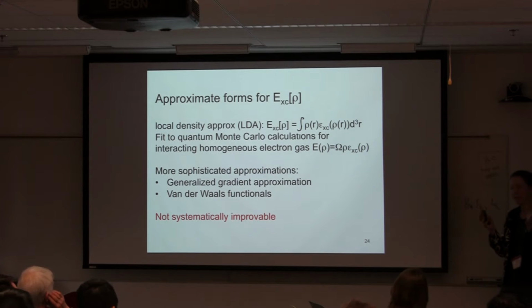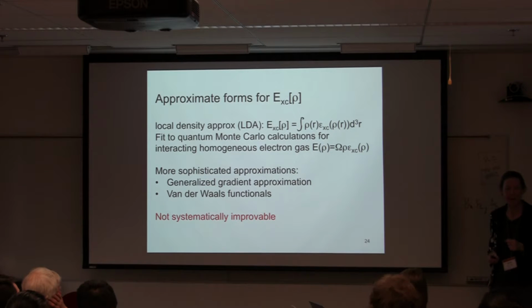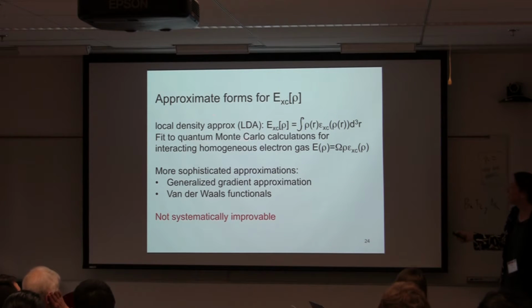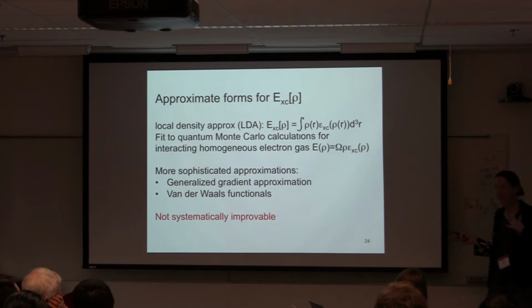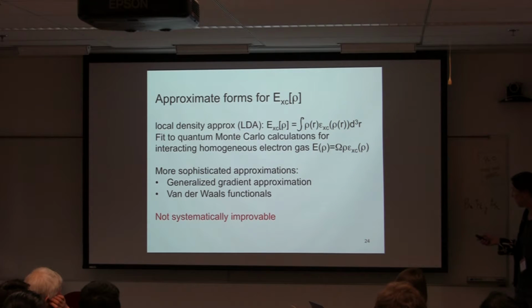There isn't some expansion where, as you go term by term, it gets more and more accurate. I'm sorry to say. But actually, the truth is that the local density approximation works incredibly well. There are some reasons why that's true, like it obeys some rules exactly that we now understand. But people still use it. It's quite good.